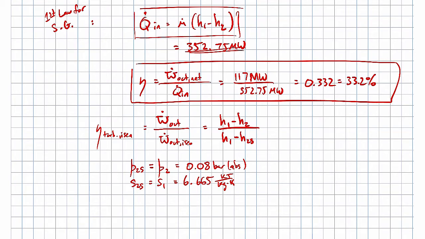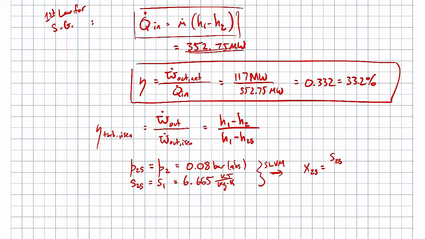From that, we can go back to the property tables to see what the specific enthalpy will be. What you'll find is that we're in a saturated liquid-vapor mixture phase, so we have to calculate the quality and then calculate the specific enthalpy. So let me just do that. The quality will look like the following.